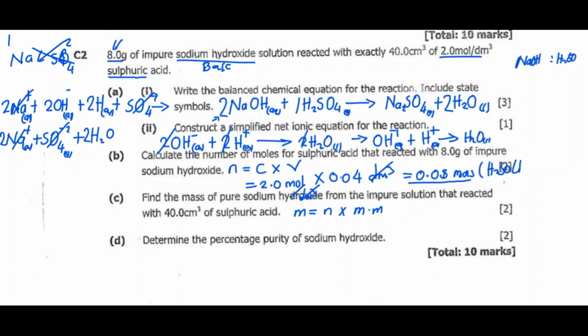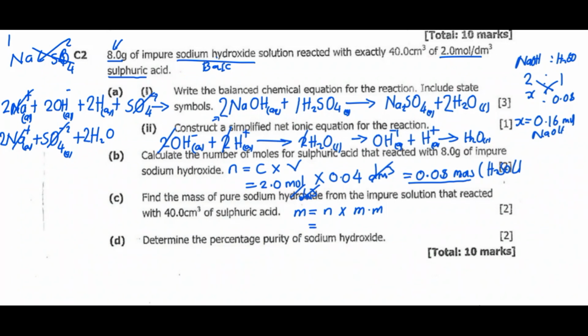The number in front of sodium hydroxide is 2. The number in front of sulfuric acid is just 1. The number of moles for sulfuric acid is 0.08. Then here we put x, we cross multiply. So x is equal to 0.08 multiplied by 2. You get 0.16 as the moles of sodium hydroxide.